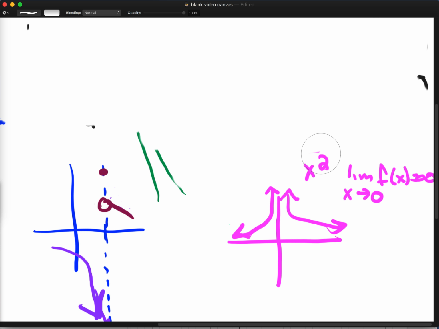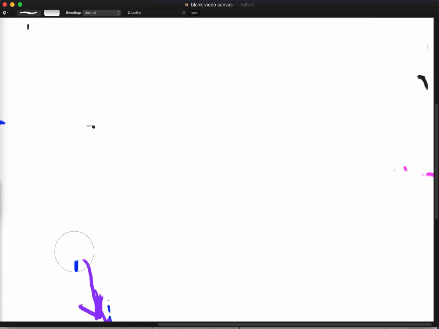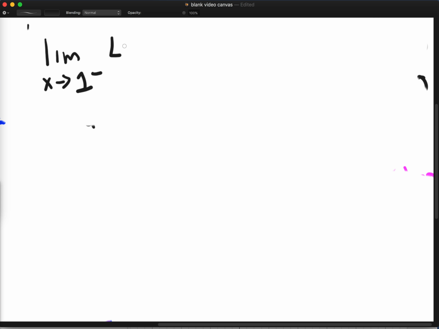What about, let's see. How about the limit as x approaches 1 of, all right, what's that?